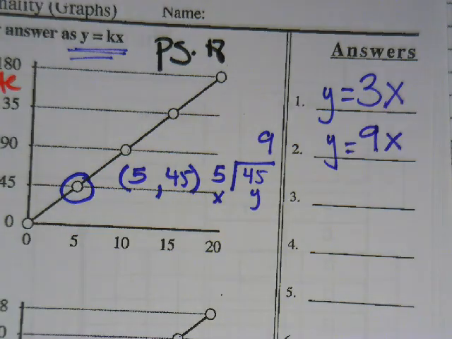Set a timer for 2 minutes. There's 2 minutes starting now. You have to divide. Pick a point, divide. There's no decimals. It's pretty easy, straightforward. I want right answers. Pick a point, divide.